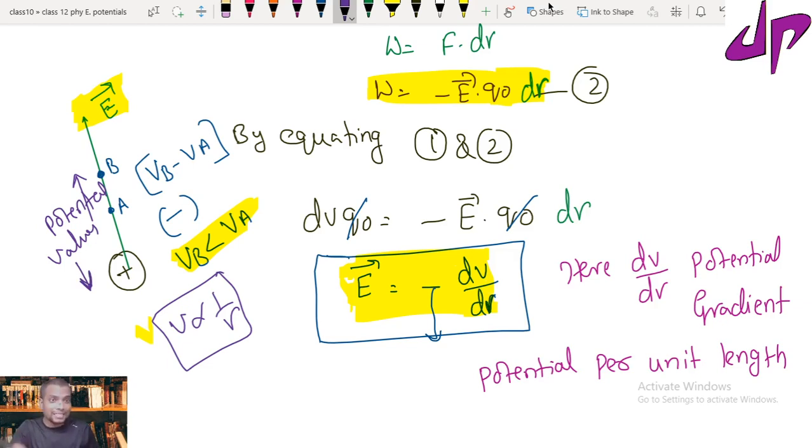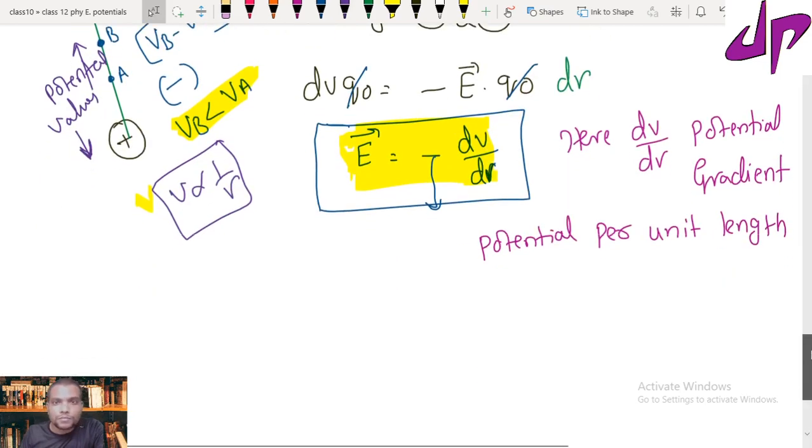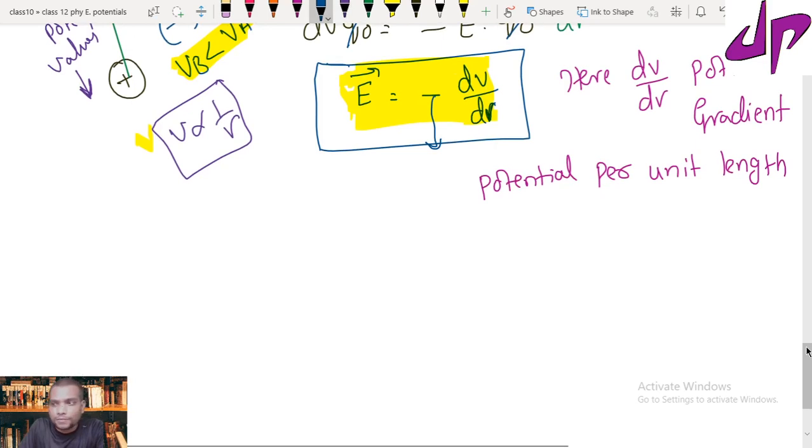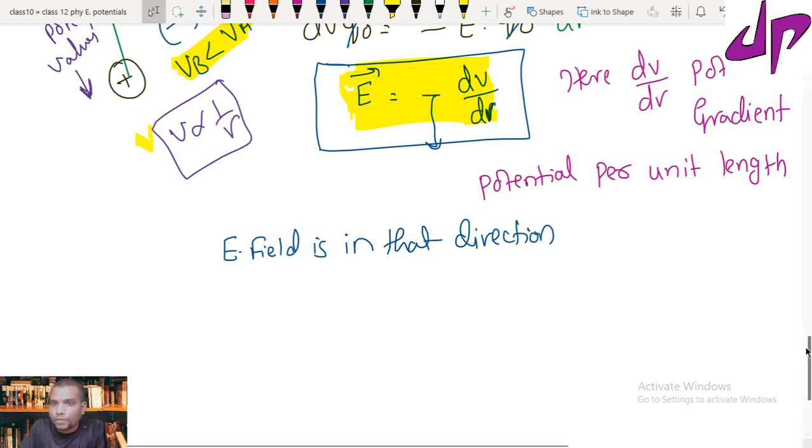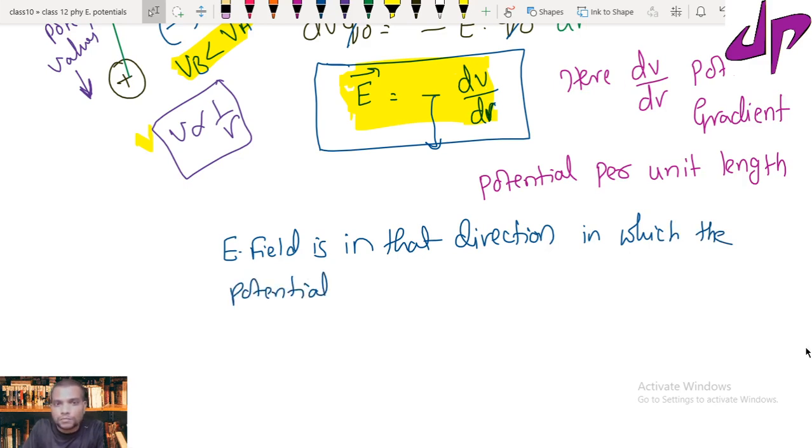So that shows the direction of the electric field. So here the negative sign represents that the electric field is in the direction in which the potential decreases steepest. So I can mention it here: electric field is in that direction in which the potential decreases steepest.